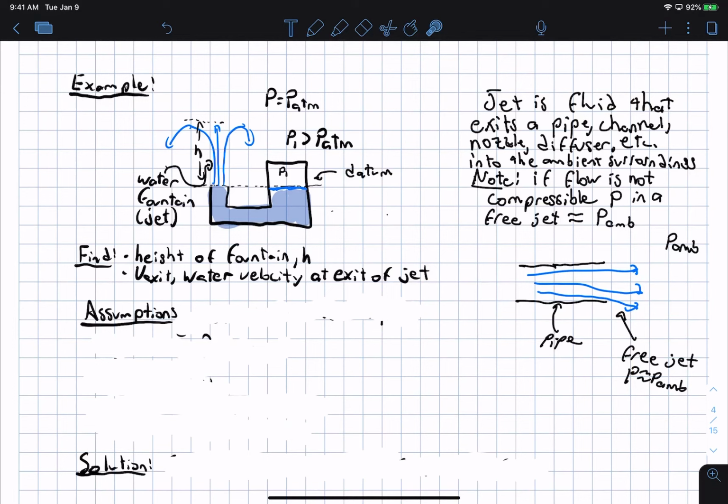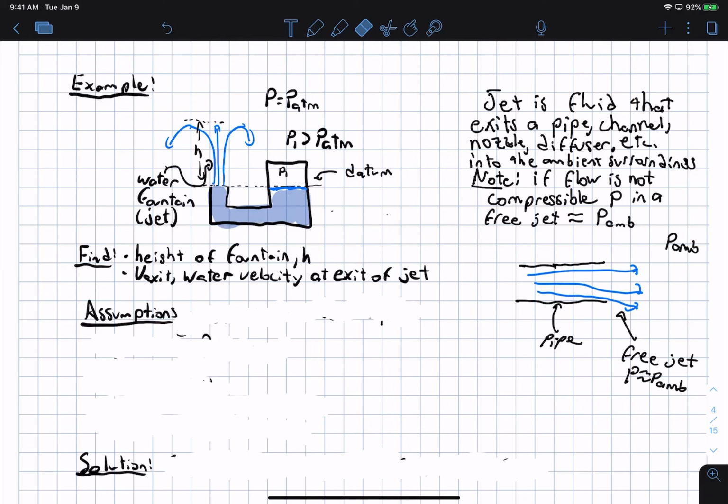So because this is a free jet, and we're assuming density is constant and it's incompressible flow, we can assume that the pressure in this free jet is equal to the atmospheric pressure. We will be dealing with jets quite a bit, so you will get used to this assumption.